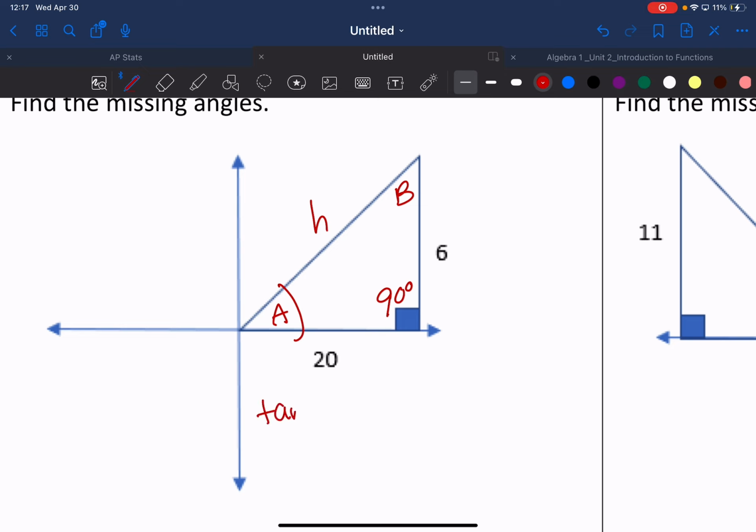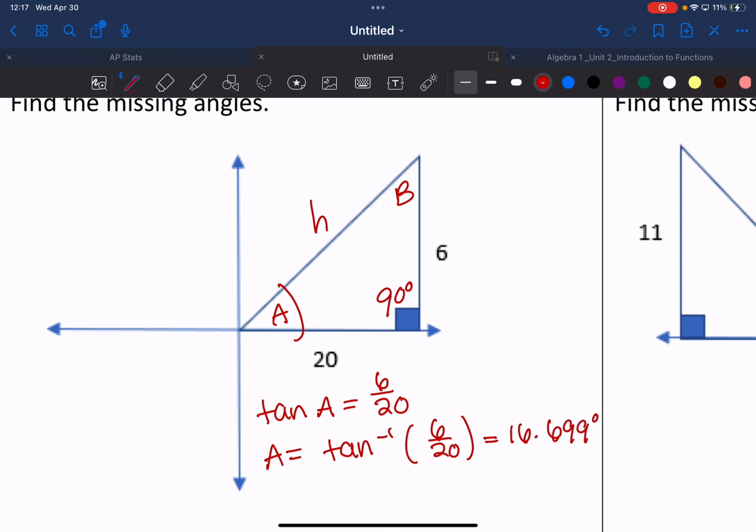Tangent of angle A is equal to opposite over adjacent, so 6 divided by 20. To find angle A, I need to do the inverse. So A is equal to the inverse of tangent of 6 divided by 20. I put that exactly into the calculator and I get 16.699 degrees.